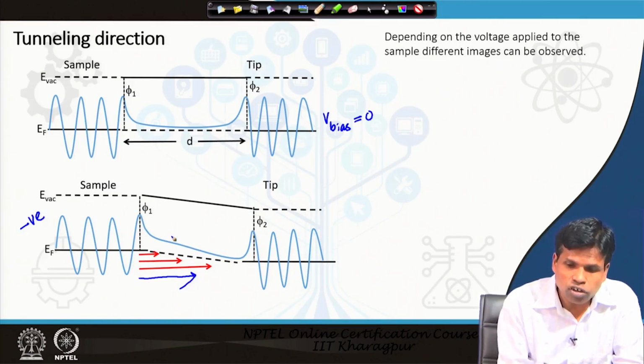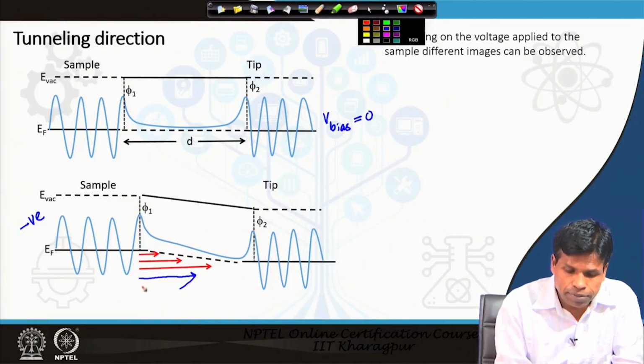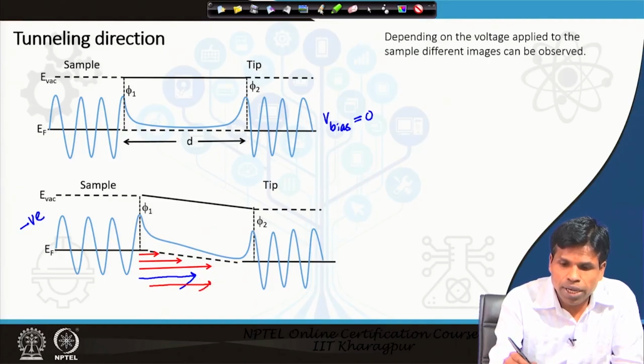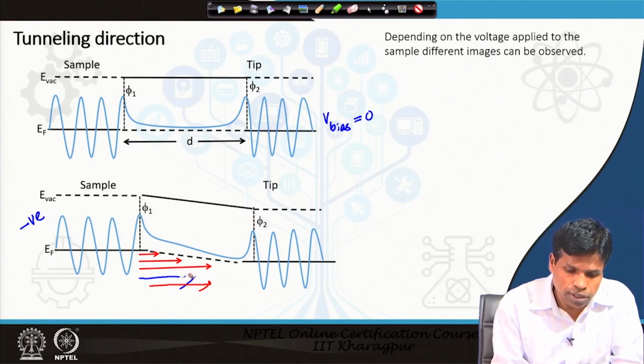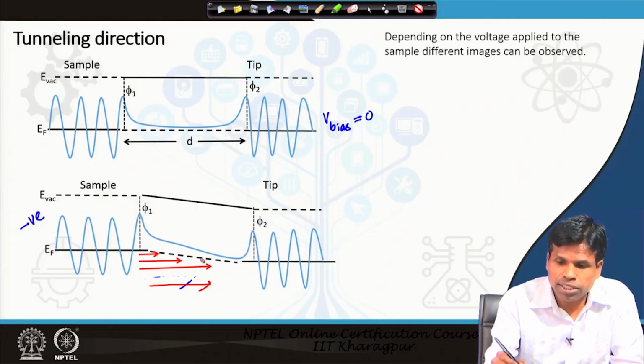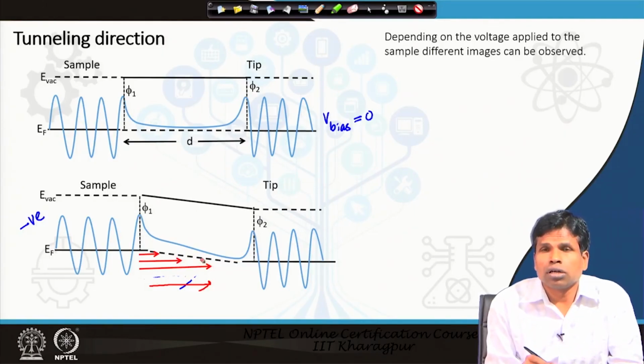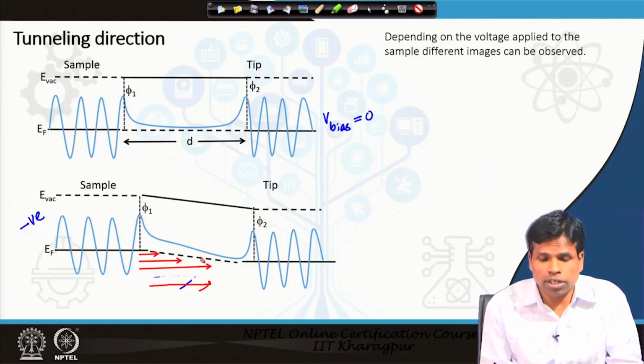When electrons tunnel from the sample to the tip, it gives information regarding the filled states of the sample, because electrons will always flow from the filled or occupied states of the sample to the unoccupied states of the tip.